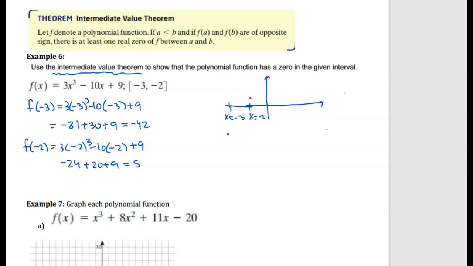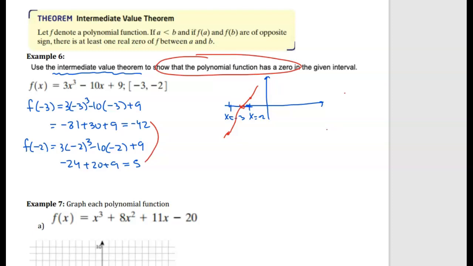Okay, so this is a polynomial function, which means it's not going to have any breaks in it, no asymptotes, no things like that. So if it starts down here and it ends up here in that interval, that means it's going to do something like this, and it has to cross through the axes. So it has to have a 0 somewhere between negative 3 and negative 2. Alright, so we showed that that's the case.